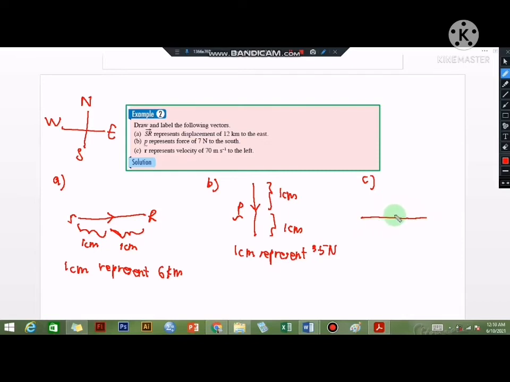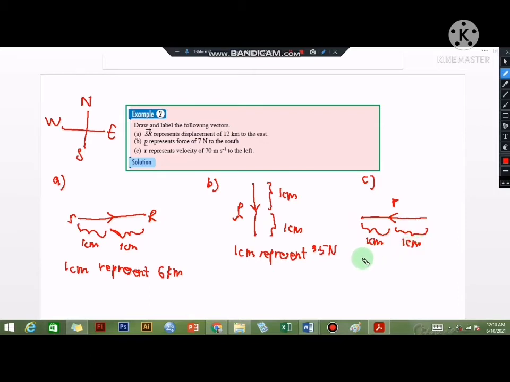The arrow points to the left, and this represents R. Vector R you need to write down like this, bold R. Just imagine this is 1 cm, and this is another 1 cm.